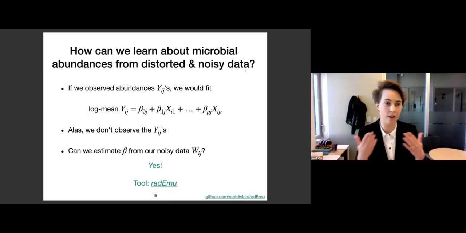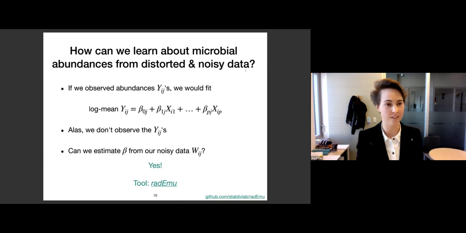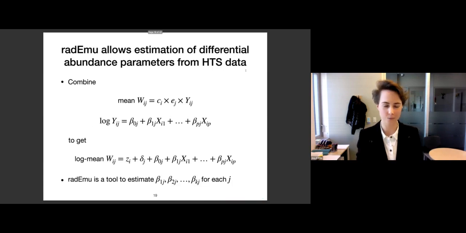We only have the W's. And so then the question is, can we estimate these betas, these regression parameters, from our noisy data W? And the answer is yes. We've just released a tool to do this. It's called RADEMU, and I'll share a link to the preprint towards the end of this talk. I'm really excited about this method, so I'm going to tell you just a little bit about how it works and what it's trying to do.